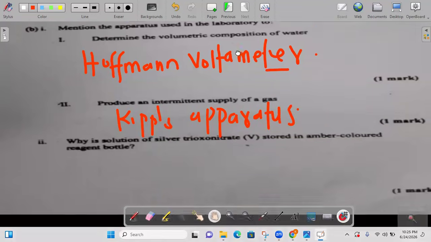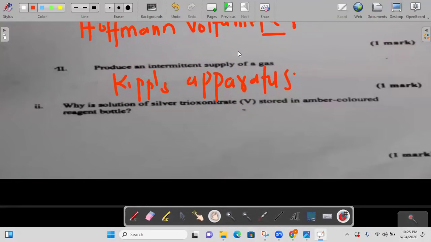We use it to supply gas continually to anything we want. Now, why is the solution of silver nitrate stored in an amber color reagent bottle? If you are conversant with your chemistry laboratory, you will notice that anything silver is stored in a dark reagent bottle, or some people say amber reagent bottle. Why?